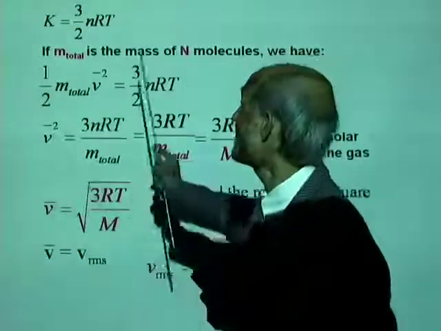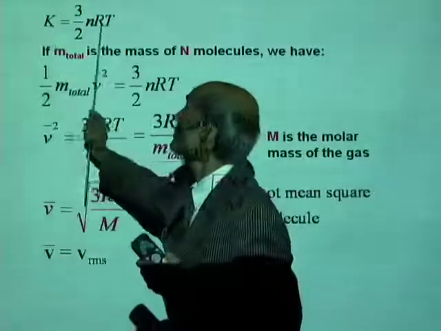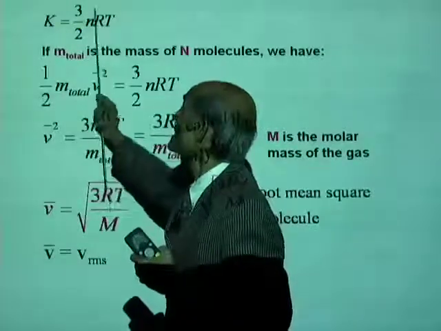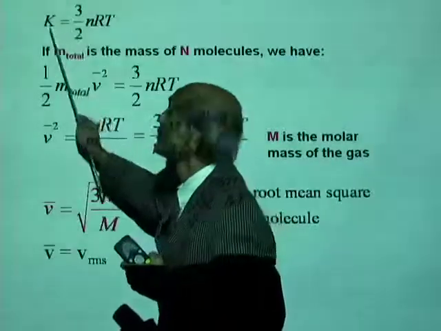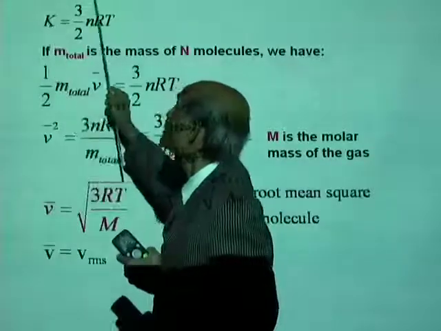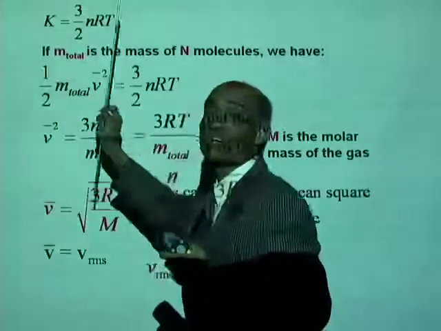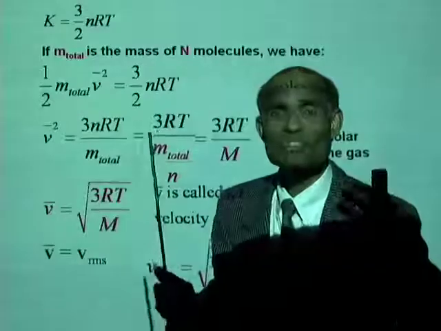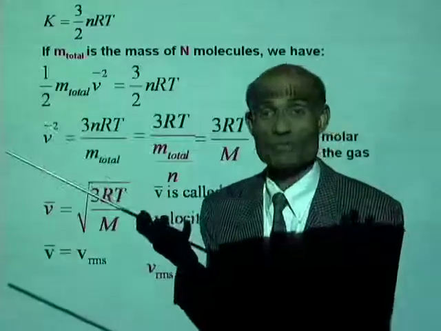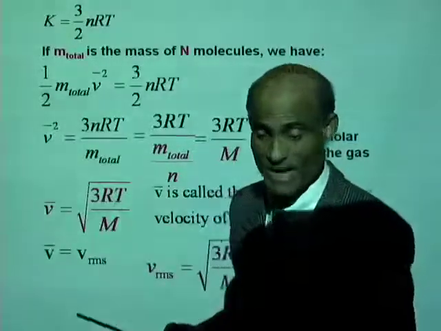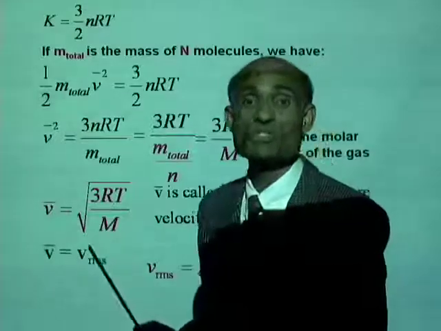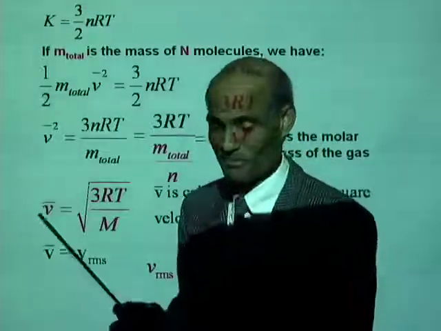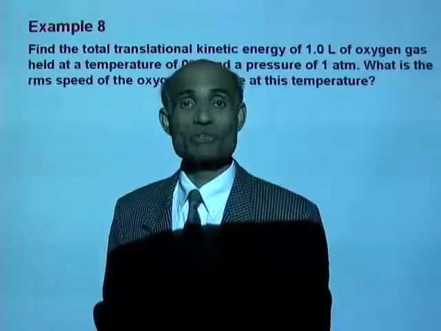You see that? And that's what this relation tells you. 3/2 nR is a constant. So the kinetic energy is proportional to the temperature. You can see our assumptions are proving to be so good. Alright, now we are ready to use this to solve a couple of problems. Problems using the results.